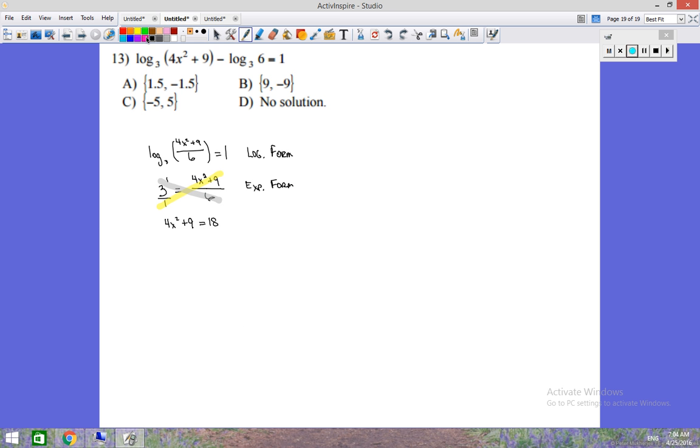Subtracting 9 from both sides of the equation, because we want to step by step get the variable by itself. Let's divide both sides by 4. 4 divided by 4 is 1.